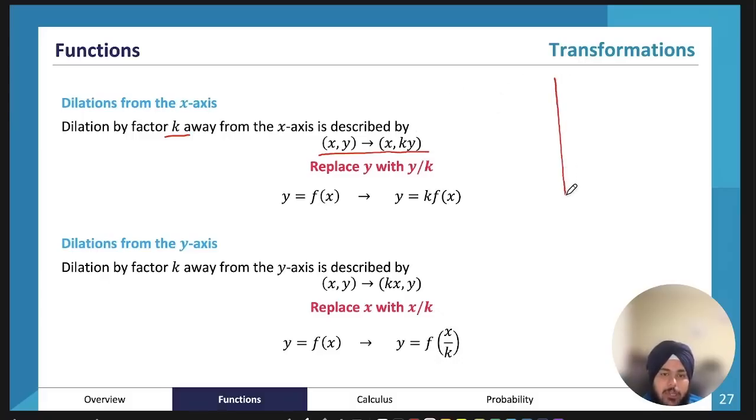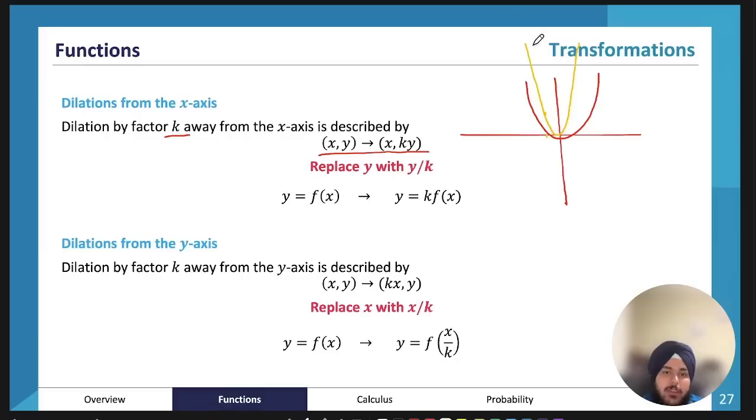Just to quickly illustrate this, if the original function is like this and we're dilating from the x-axis, what are we doing? We're stretching it or compacting it. The x values remain the same, so these two values will be the same.